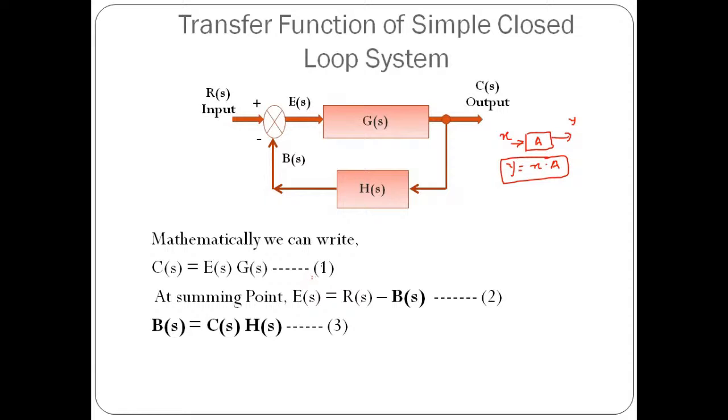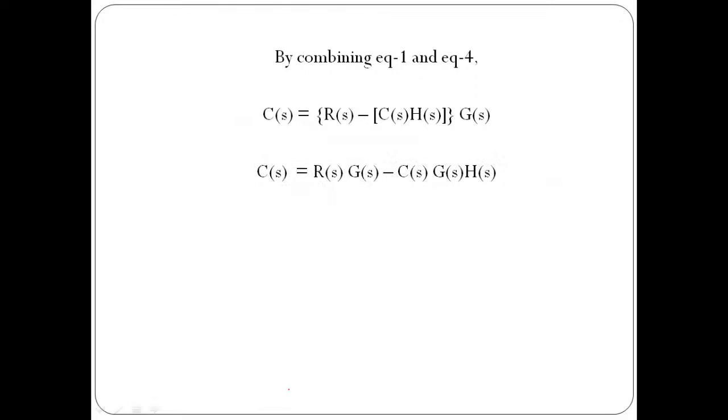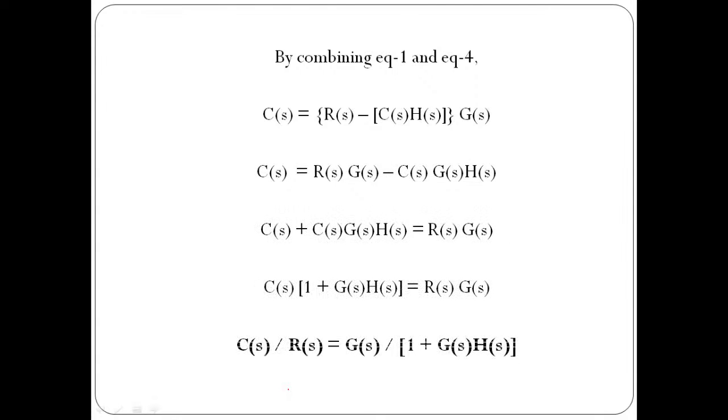Then at the summing point, we can write E of s equals R of s minus B of s. Equation 3 indicates the relationship B of s equals C of s into H of s. From equations 2 and 3, it is clear that E of s is R of s minus B of s, but B of s is C of s into H of s. And finally, if we combine equations 1 and 4, we will get the output equation.